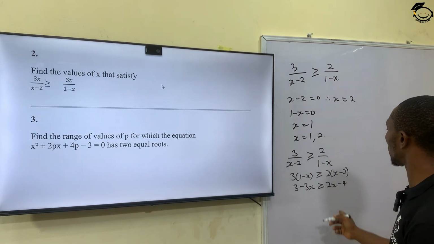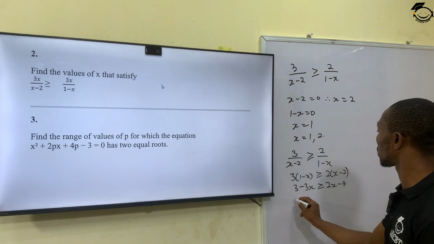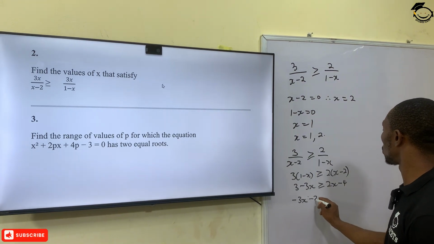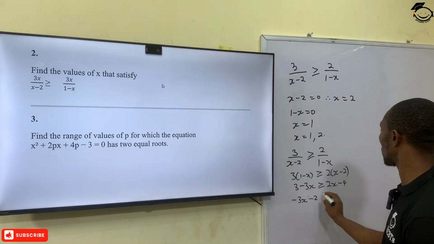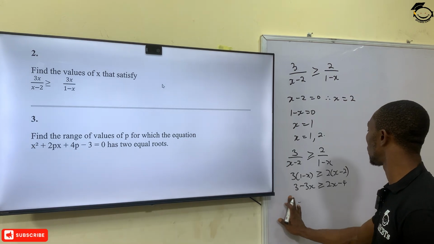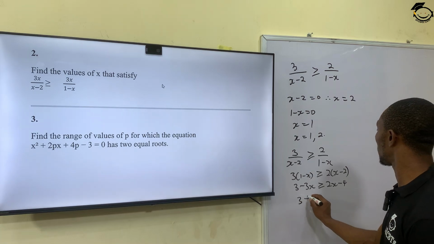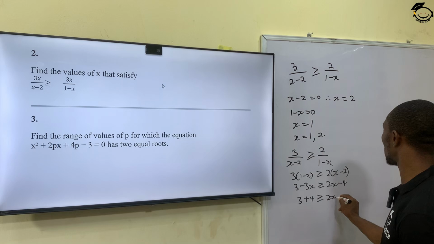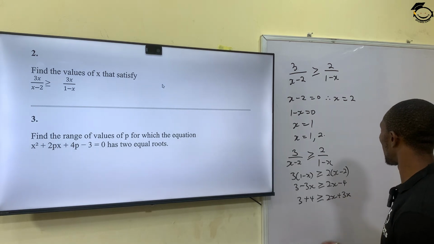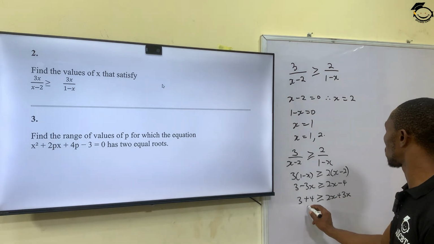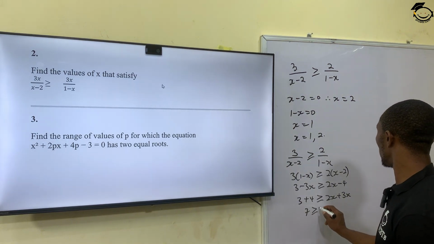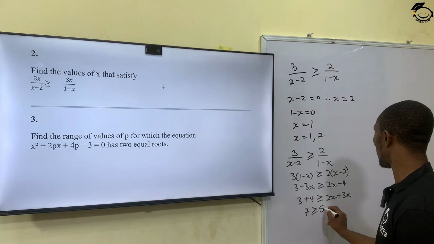Now collecting like terms, let's keep it positive and have it as 3 plus 4 and 2x plus 3x.